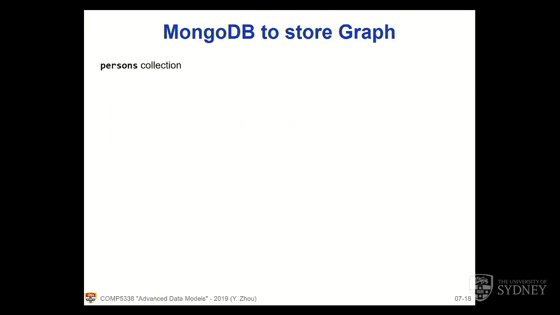Now for MongoDB, we don't really need 2 collections here. If we only want to store a person and the friendships among all these persons, we only need 1 collection, because we only have one entity, which is person.